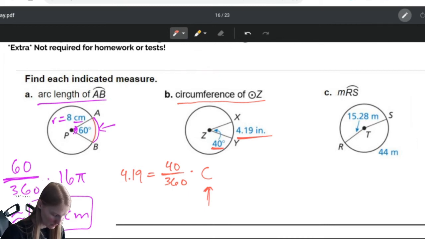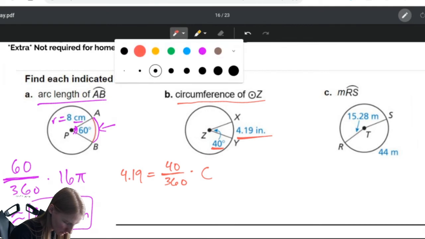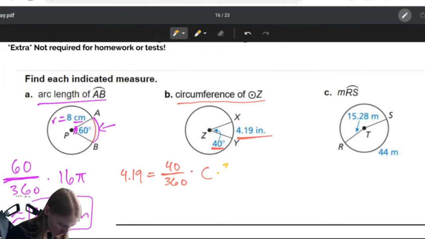All I have to do is multiply by the reciprocal of this fraction. I'm going to multiply by 360 over 40. That cancels out the 40s, cancels out the 360s, and we have to do that to both sides.